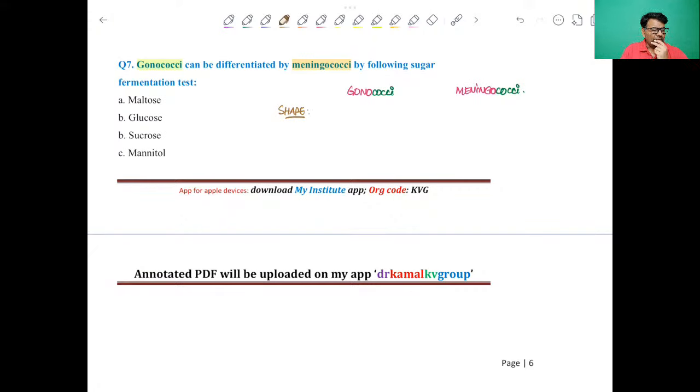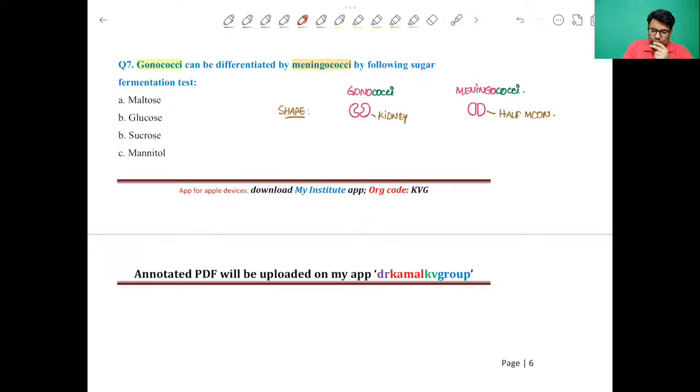Right? So yes, Dr. Kanaya, this is maltose. So one way is differentiating by their shape. Now gonococci are kidney shaped, whereas meningococci, they are obviously diplococci with half moon shaped. Okay, so this is kidney or bean shaped, and this is half moon shaped.